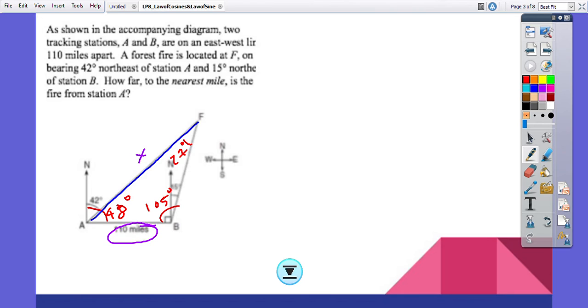Okay, so now this is what I'm going to do. I'm going to do sine of 27, right? And then I'm going to set up my ratio 110, because the side that corresponds to that angle is 110. Secondly, I have angle B, right?